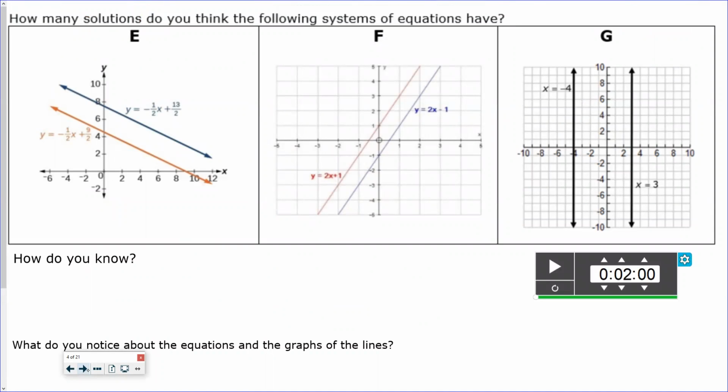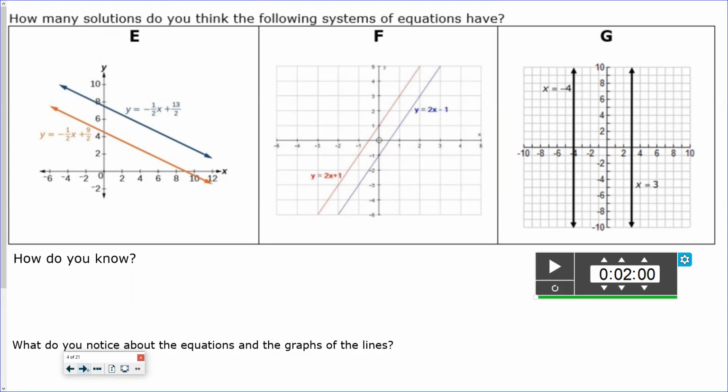All right. So now that we know what a solution is, go ahead and decide how many solutions you think these 3 graphs might have? All right, hopefully you guys are saying none, that none of these graphs have any solution. There is no point where any of these cross each other, okay?